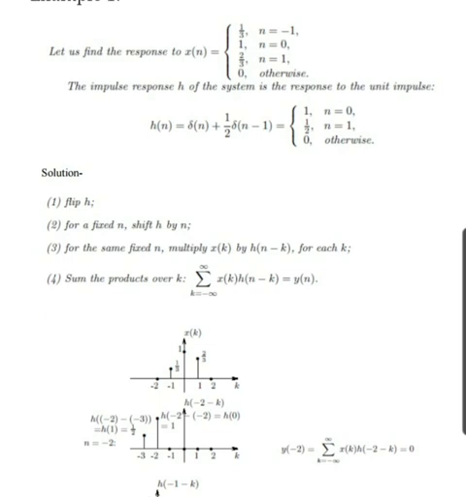So first we flip h, giving h[minus 2 minus k], and it is shifted towards the right. So this equation is used for y of minus 2. Again we have to find the values for n equal to minus 1, 0, 1 and 2.